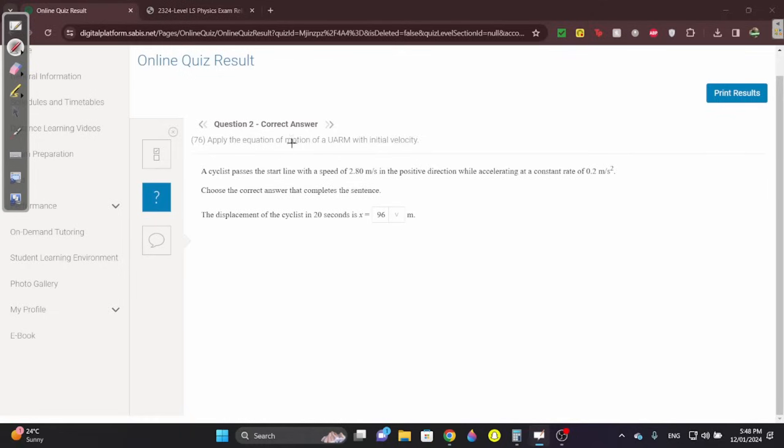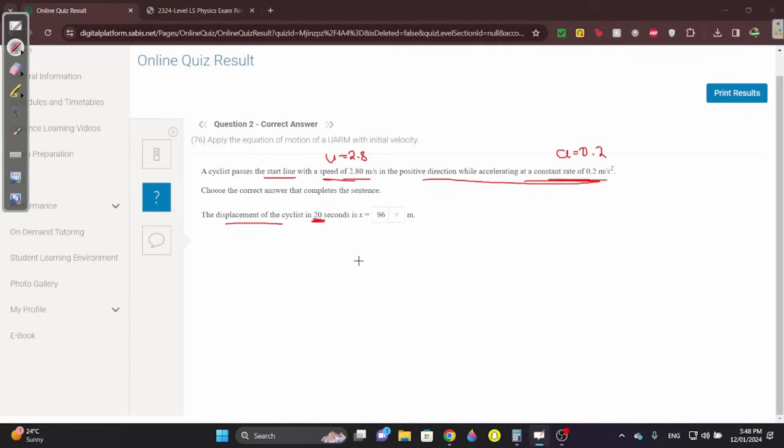A cyclist passes the start line with a speed of 2.8. So he started with 2.8, so the initial velocity is 2.8. Constant velocity, positive direction, constant acceleration of 0.2. So acceleration is 0.2. We want a displacement. They give us a time.